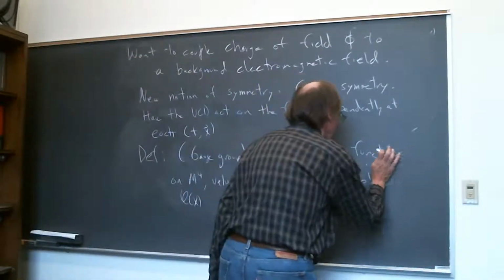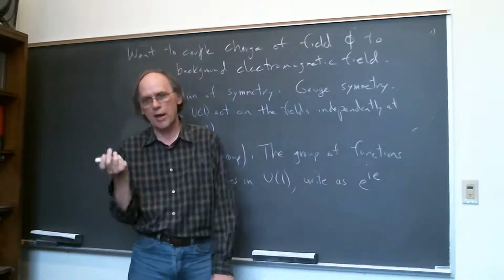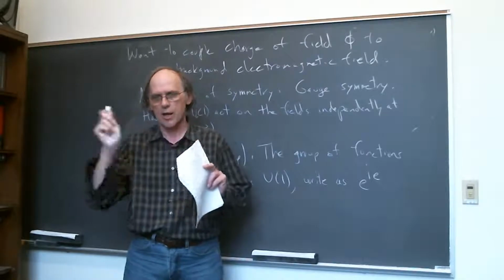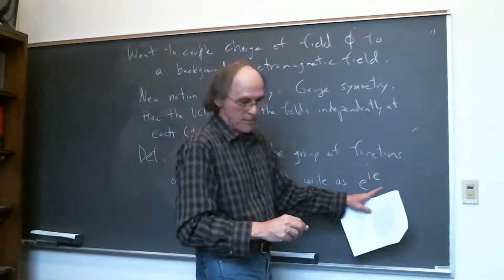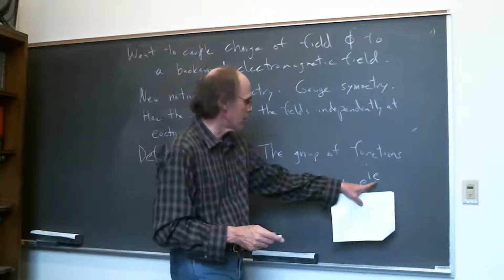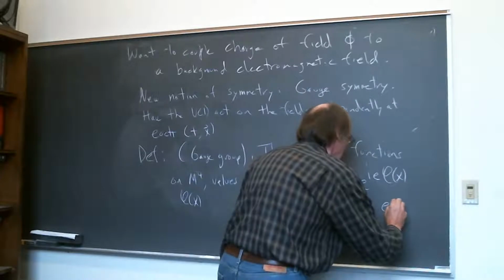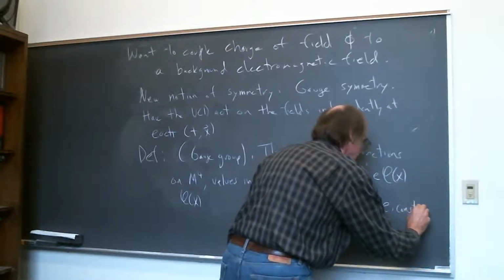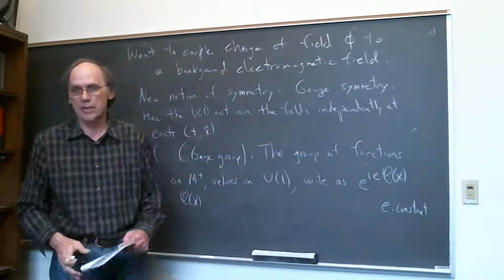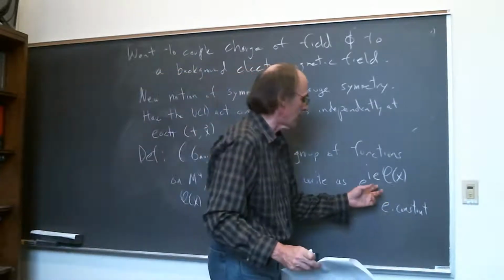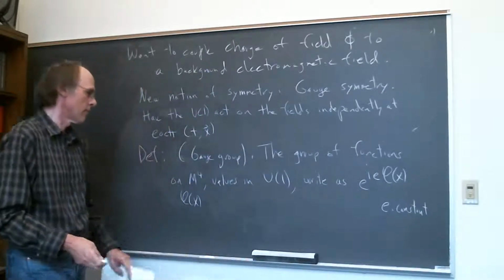To make this a little bit more complicated, at some point in the story you have to put in a normalization, a constant, which everybody's normalization depends on. You can put it in various places. I'm going to put it here. So e is a constant. It's going to end up determining the strength of the coupling between the charged particle and this background field.